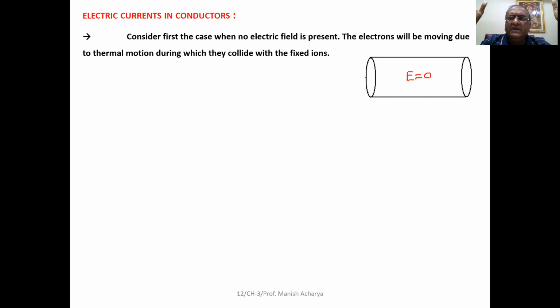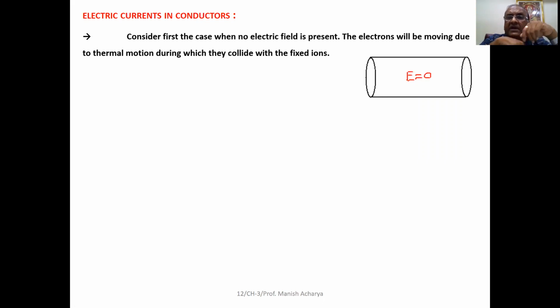We know there are a large number of free electrons in conductors, in metals, and all these electrons are executing thermal motions. But the motion of the electrons is randomized.